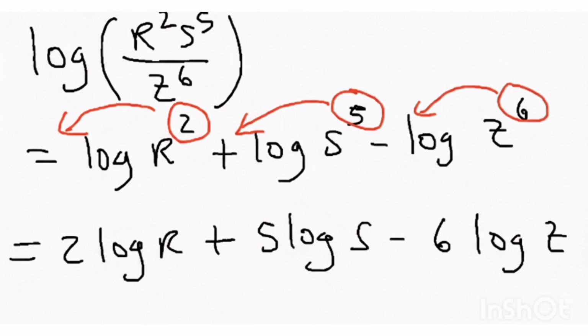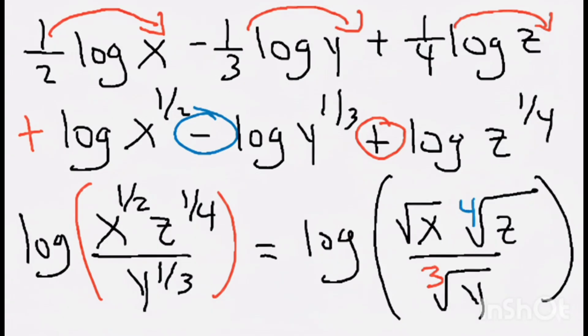So let's move to other examples. So we have 1 over 2 log x minus 1 over 3 log y plus 1 over 4 log z, and since there is no base, we assume that the logarithms have the same base. So we bring the multiplication part together and the subtraction part together.